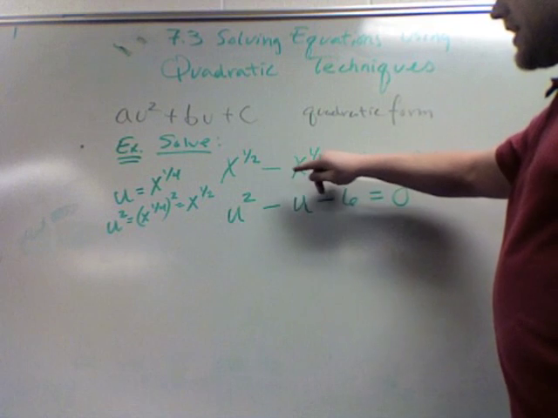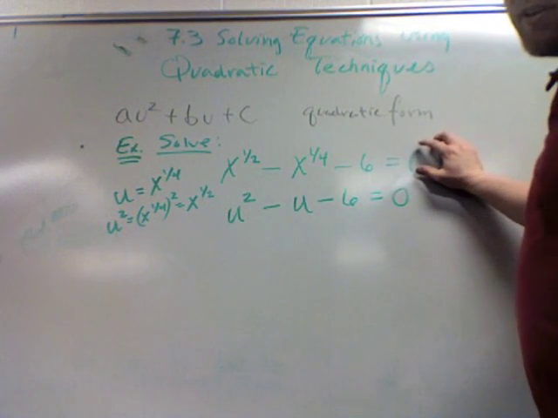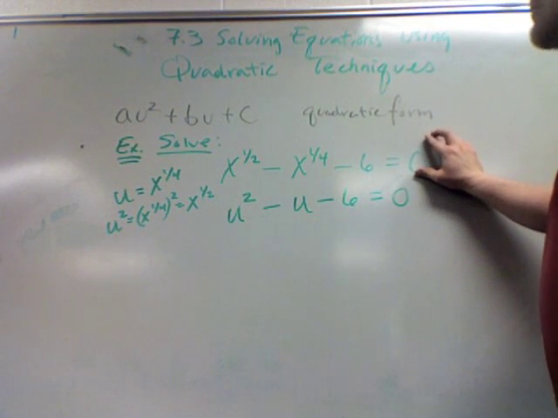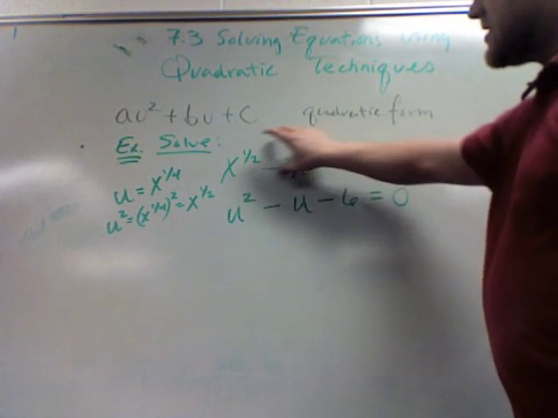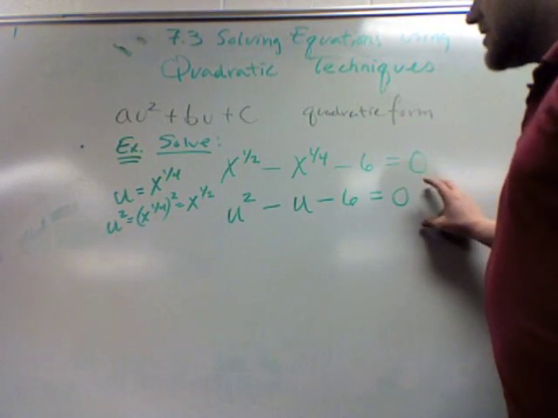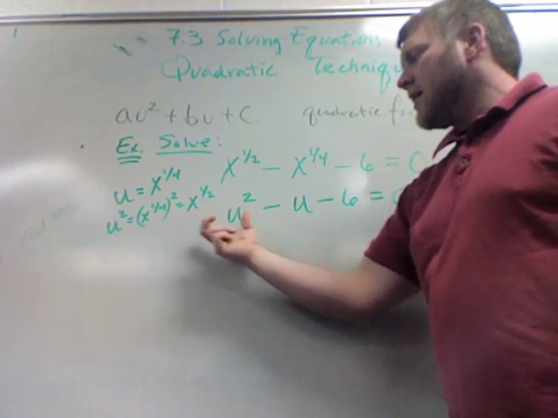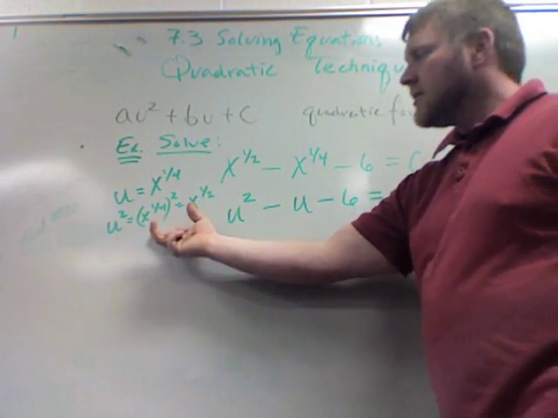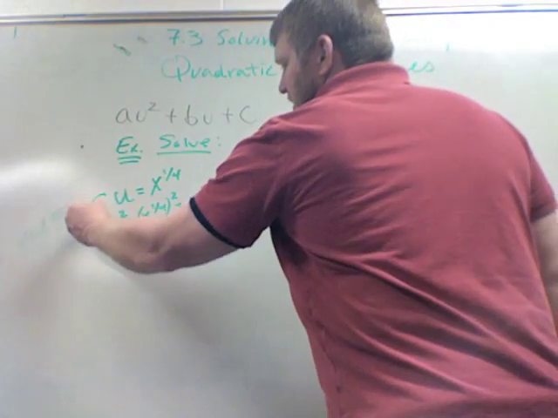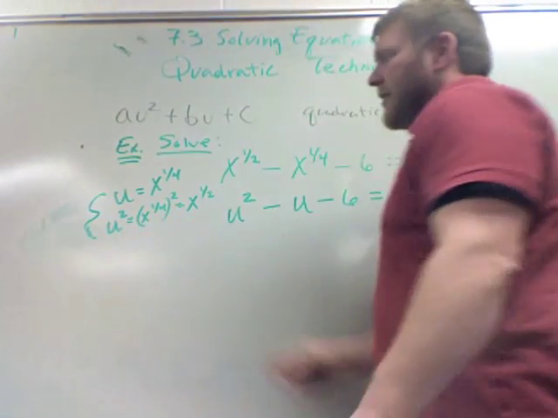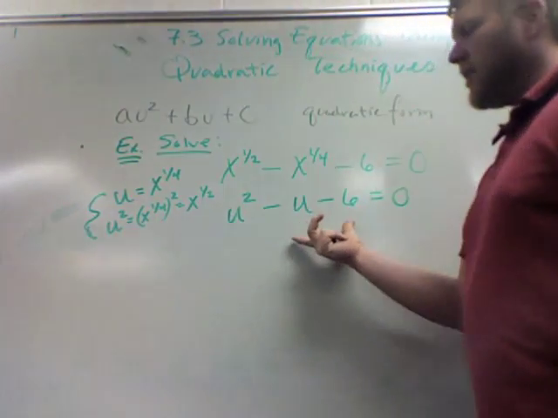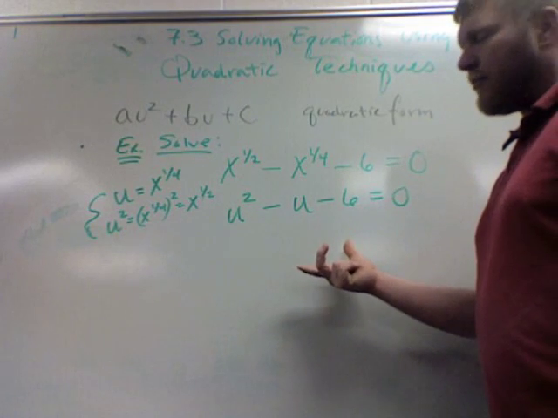There's no way I could solve this up here; I don't have any idea how to do that right now. But if I substitute in values for it and it follows this pattern, abiding by the rules right here, then I can turn it into something that I can solve for.